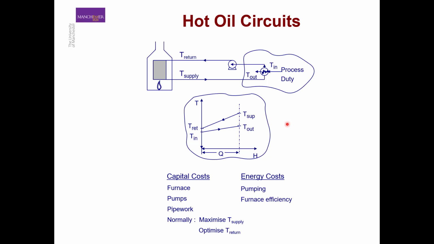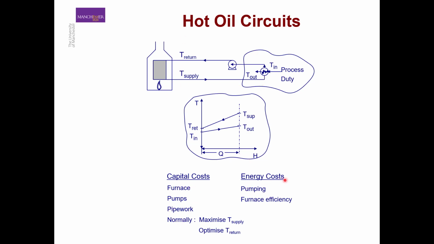In terms of the hot oil circuit, the total cost of this process consists of two types of cost: the capital cost and the energy cost. For the capital cost, we consider the furnace, pump, pipe, and all the equipment we have to purchase to develop this oil circuit.